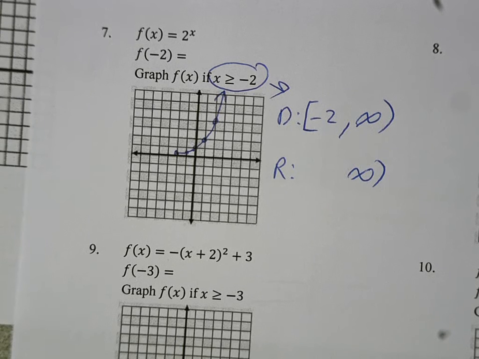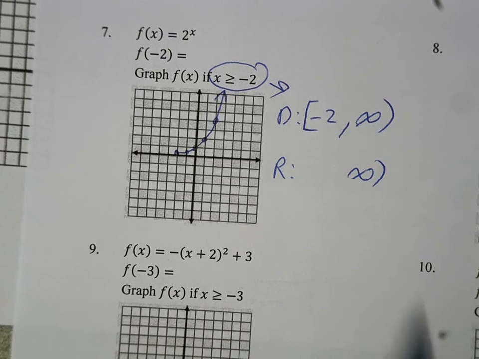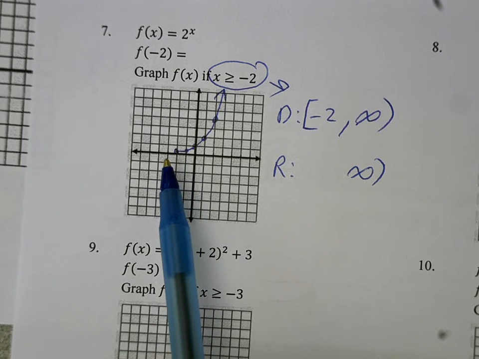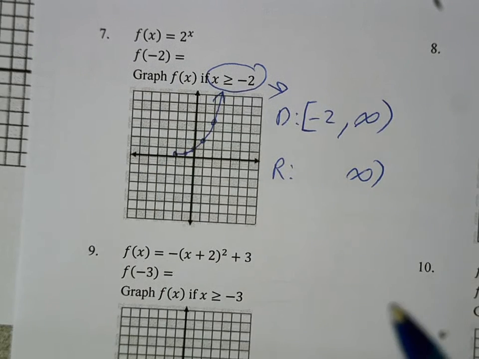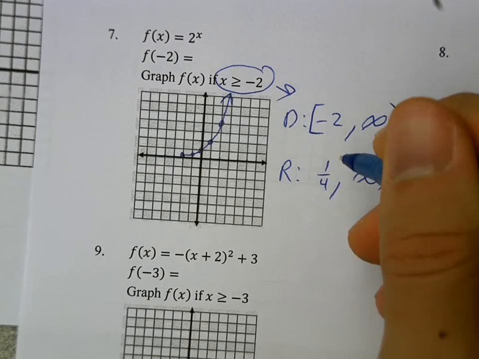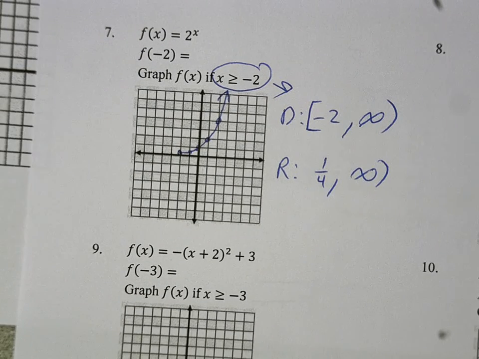Now, the first part, where we're starting, this is our lowest value, isn't it? That's the farthest down. What was that point? -2, 1/4, and the 1/4 is the y value, right? That's the lowest y value. That's what goes here. There will only be maybe one like that on the test at most.